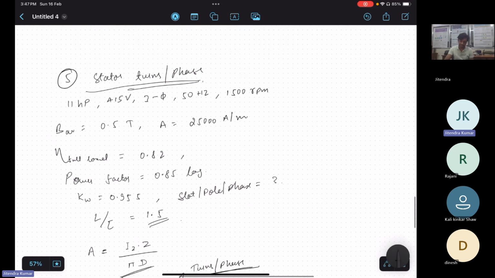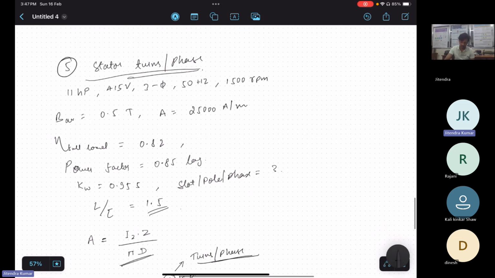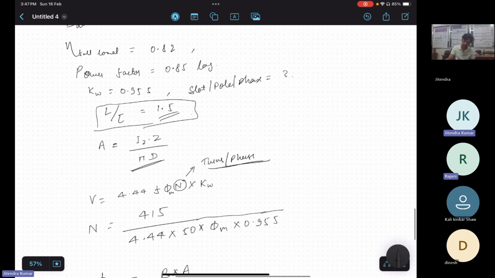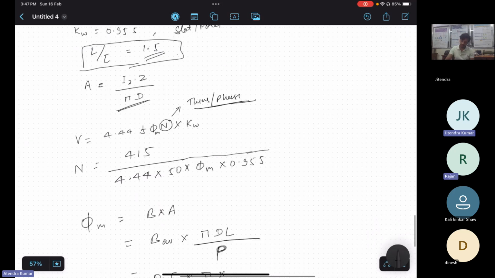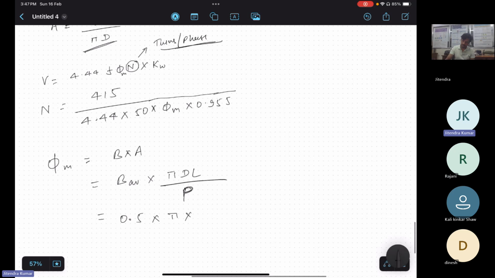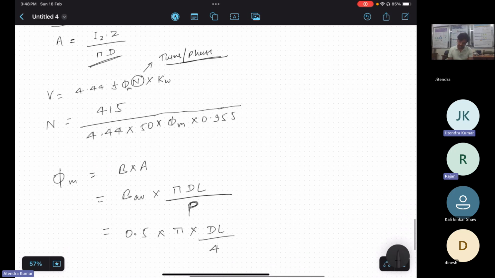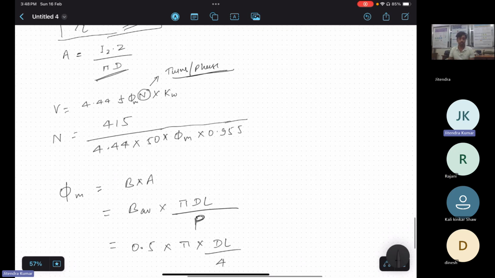Are we given with D and L? I don't think so. But L by tau we are given, 1.5. So pi DL divided by number of poles, 4. Now our next objective is to calculate D.